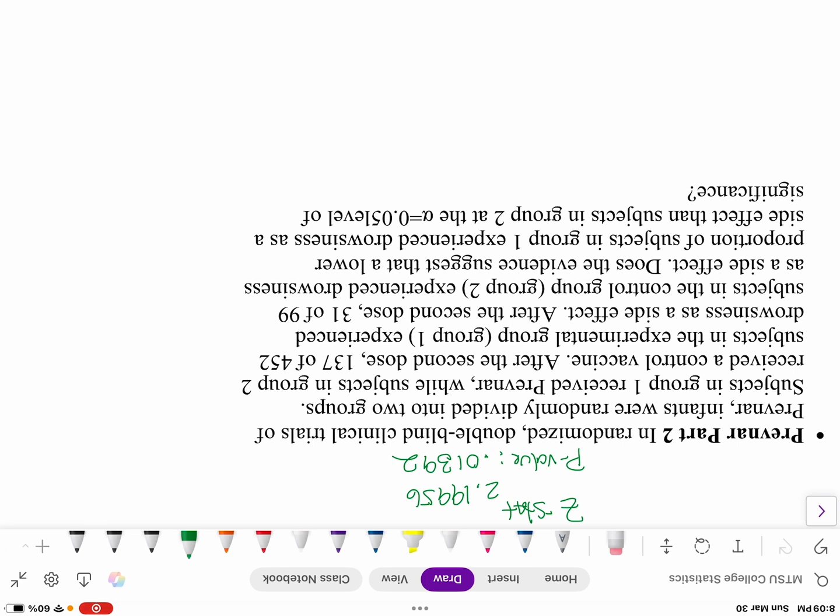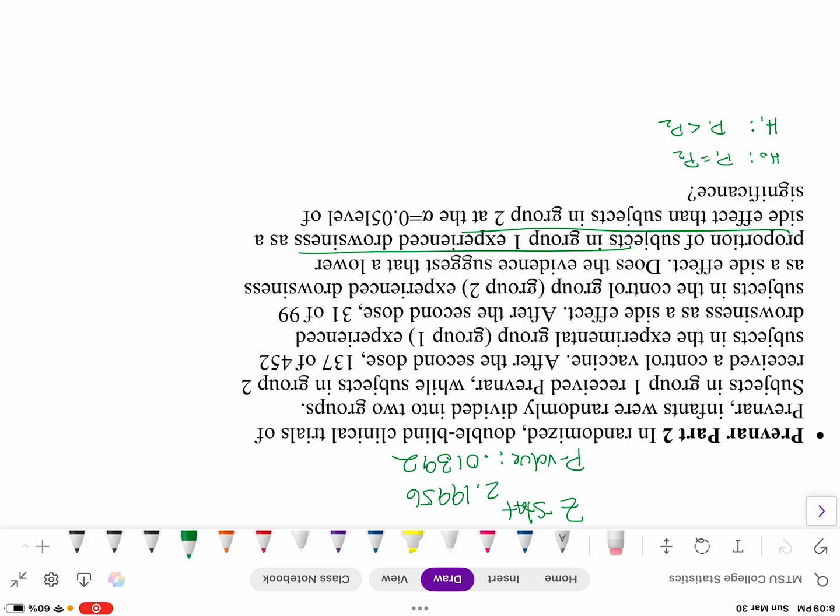So that lower proportion in 1 tells me that my alternative hypothesis, P1 is less than P2. Now, our null hypothesis is still P1 equals P2.